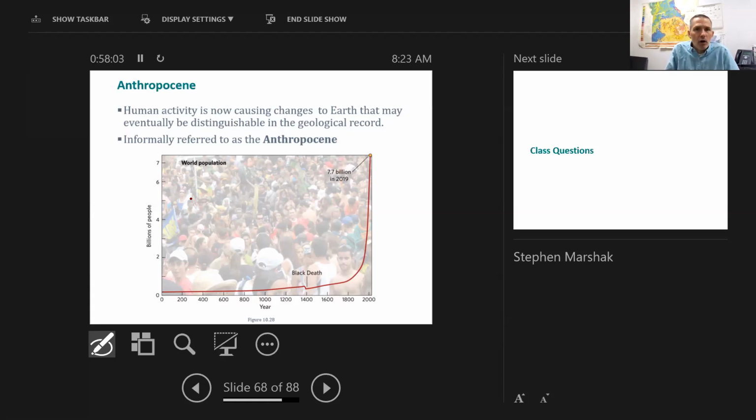Now, when we look at our world population, in 2019, the population of the Earth is about 7.7 billion people, and you can see that the rate is increasing at an increasing rate. Notably, there, the Black Death, you can see that mark as a little blip in the scale.